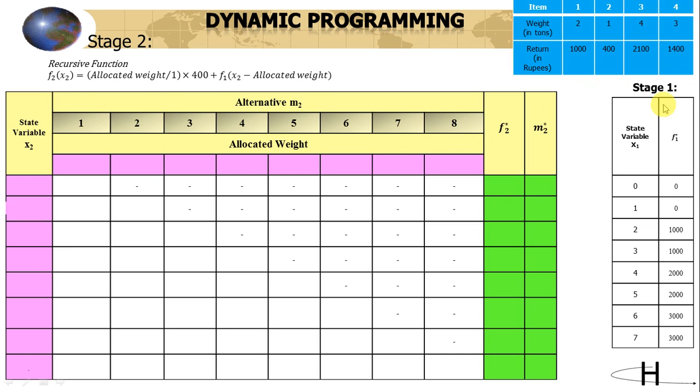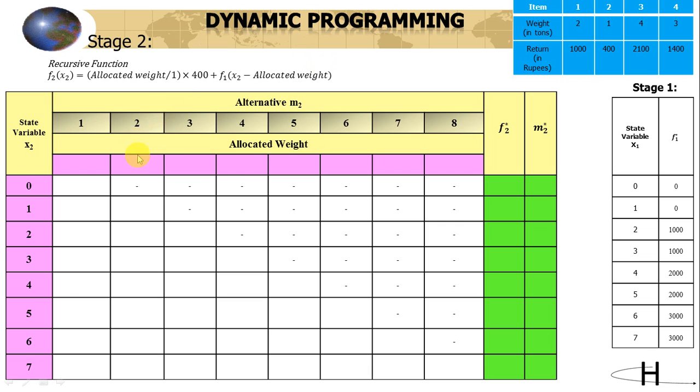Now this table shows the best recursive function values with respect to the values of state variables ranging from 0 to 7. These values are obtained in stage 1. In stage 2, again the state variables are the same, 0, 1, 2, 3, 4, 5, 6 and 7.